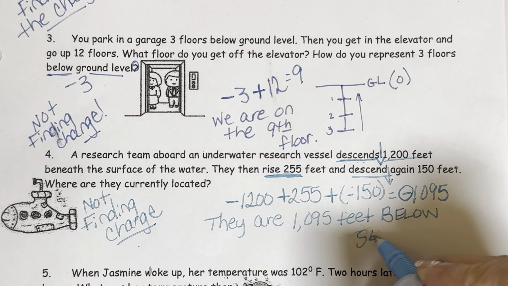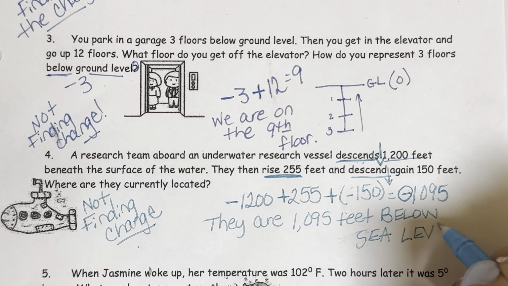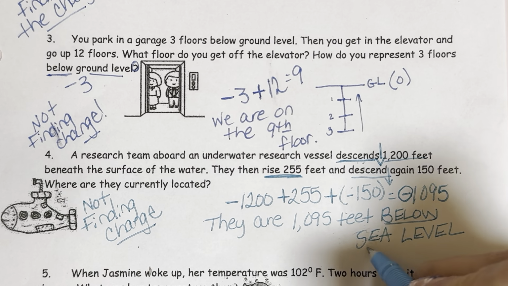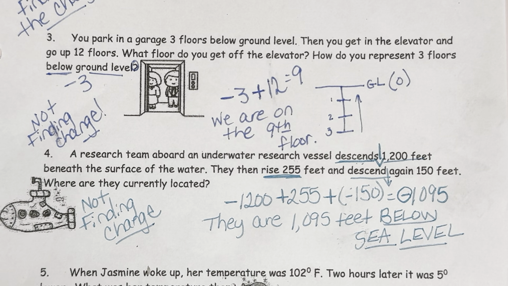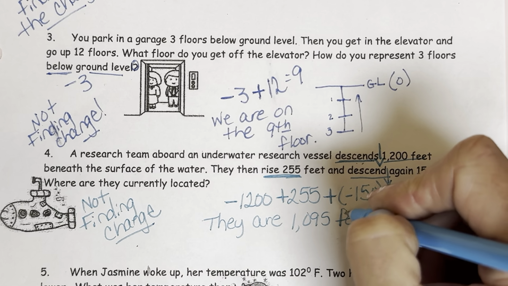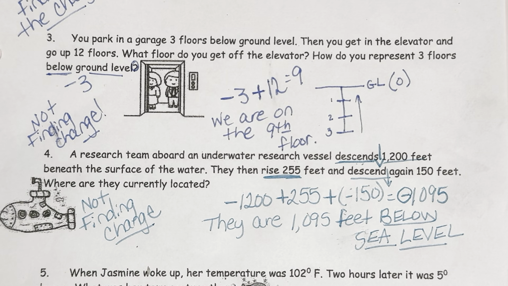Below sea level is what tells us that it's a negative. So negative 1,905 doesn't really answer that question until you use the right vocabulary and terminology to tell me that they're 1,905 feet below sea level.